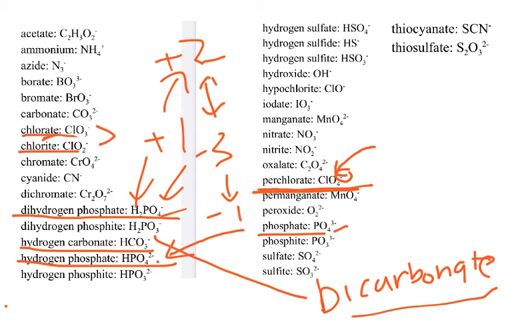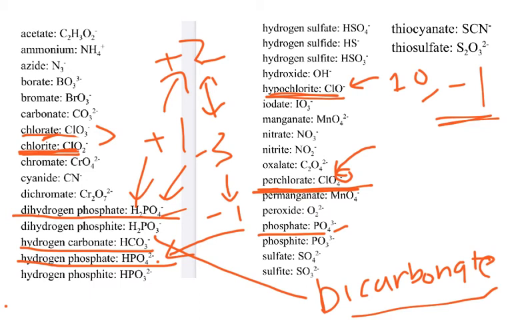Now, what happens if I add a hypo to the chlorite? Well, if I add a hypo to the "ite" form, then I get rid of another oxygen yet again. So hypochlorite is right here. So notice how that has 1 oxygen and has minus 1 charge. So it went from 2 to 1, but the charge still stays the same.